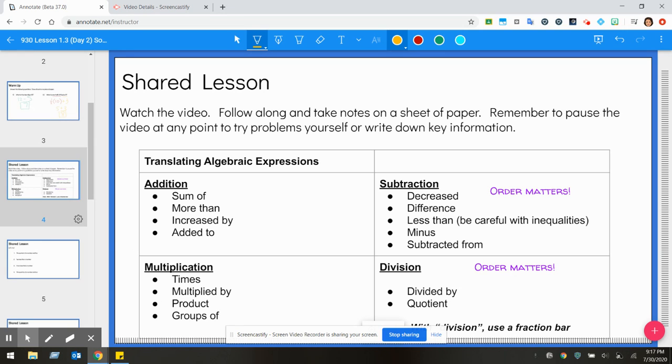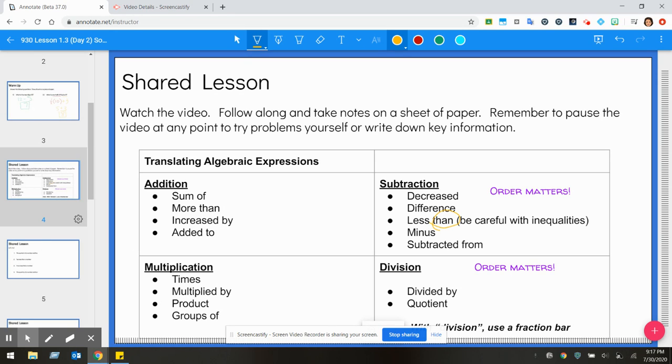Order matters. A big thing here too is the word than. When you see the word than, you're going to switch the order of the terms. We just saw it in our warm-up as well. What is 5 less than 12? That's 12 minus 5. So that word than told me to put that minus 5 after the 12.